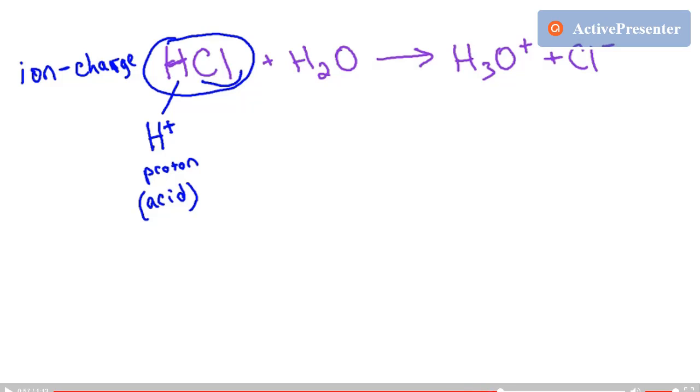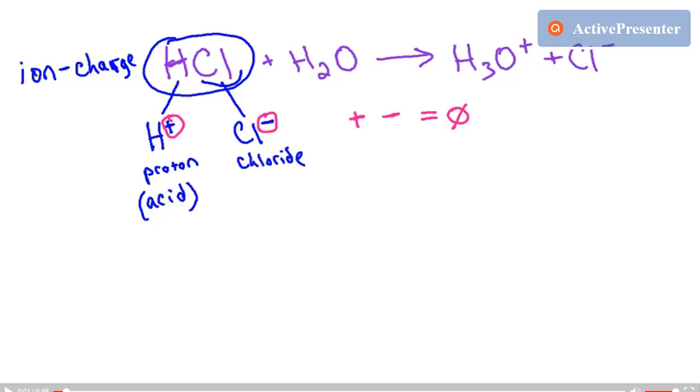And then this chlorine turns into chloride, a negative ion, because the H has to be positive and the chloride has to be negative in order for the positive and the negative to come together and equal 0, because they should balance each other out.